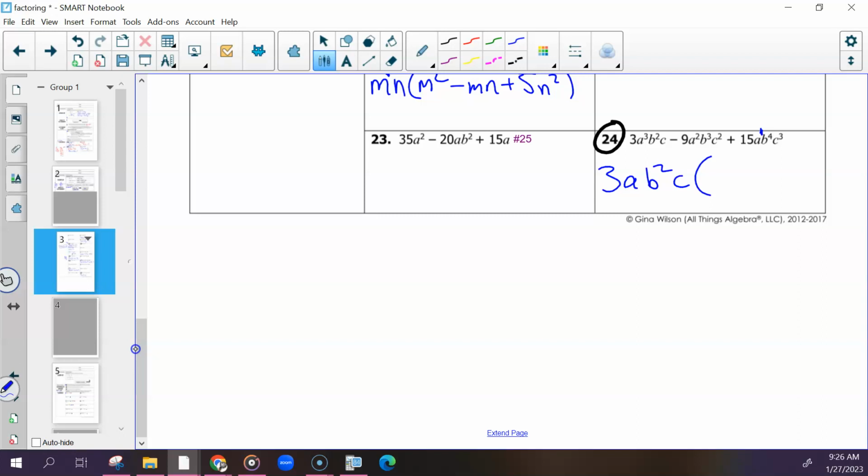For things like this, where there's a bunch of variables, if you want to go back to the dividing thing, so I'll write that down here, you could do that just to make sure you're on the right track. You didn't miss anything.